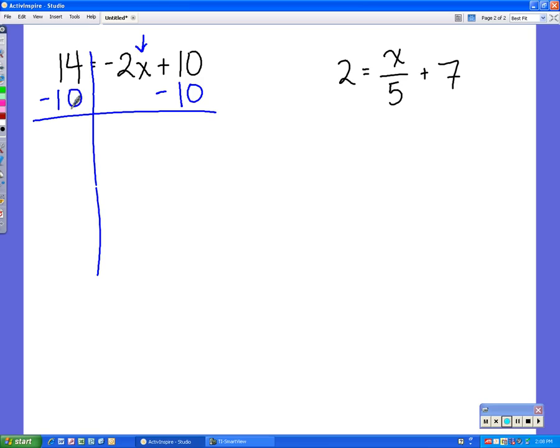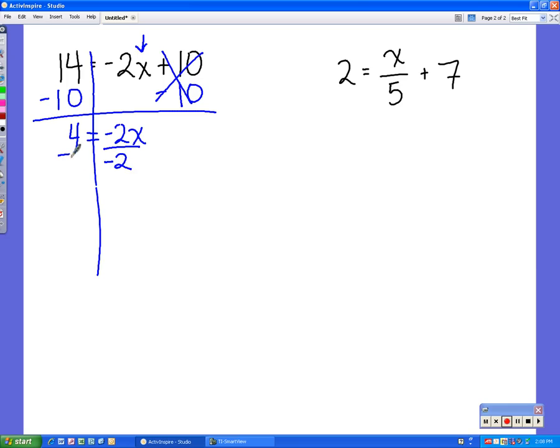14 take away 10 is 4. Bring down my equals sign. Negative 2x was unaffected by that move, so I rewrite negative 2x. Positive 10 minus 10 is 0, so I get to cross that out. Now all I have to get rid of is negative 2, which is being multiplied with x. So I divide to get rid of multiplication by negative 2.